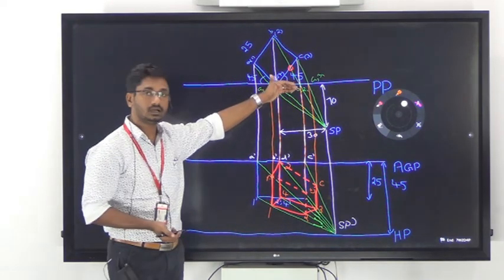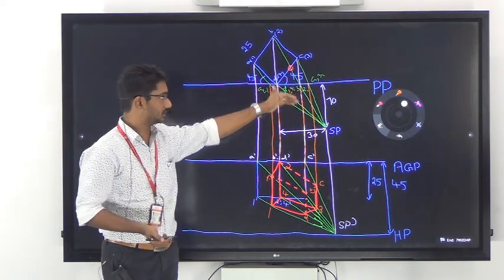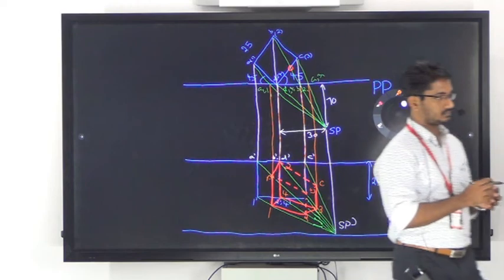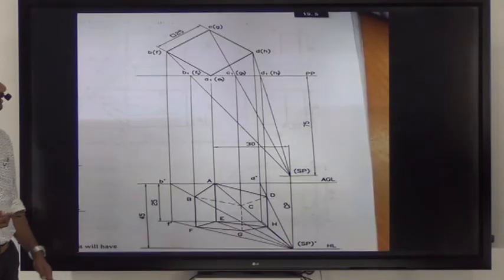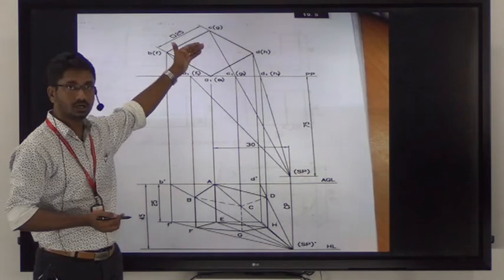So this is the final perspective view of the object. So this is the final figure of the object.